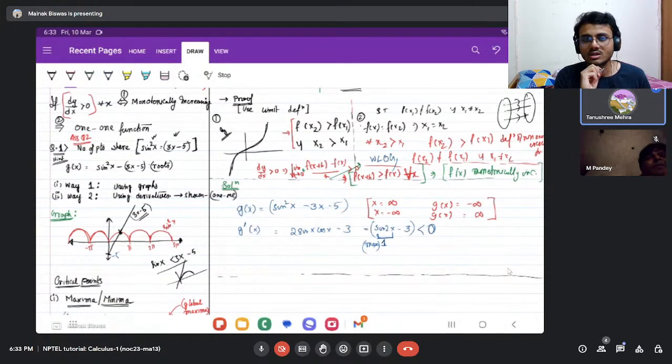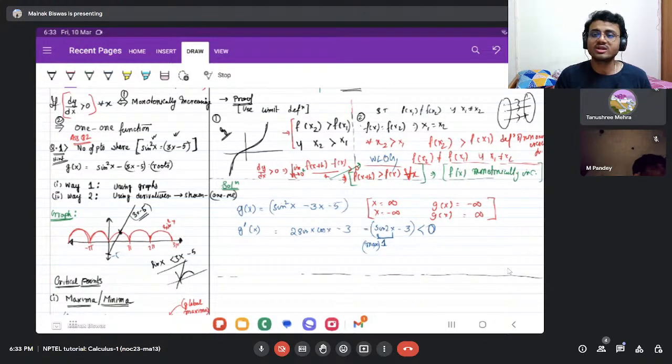Yeah, and it can always be lesser than that, right? Yes. So it's less than 0 always, that's the idea. You are subtracting a number greater than the maximum value sine 2x can take. So it's always less than 0, right? Yes, sir. So if it is always less than 0, it's a monotonically decreasing function.